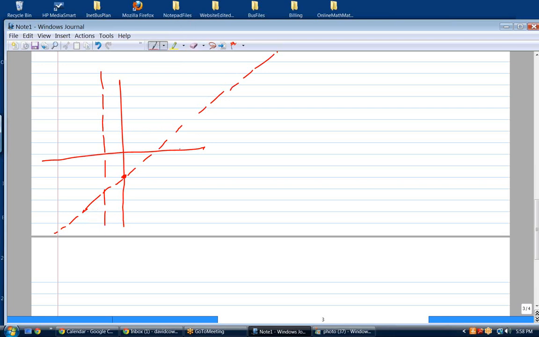Or it can be like this. In other words, very similar to the hyperbola. It can be second and fourth or first and third. Okay, let's figure out where.